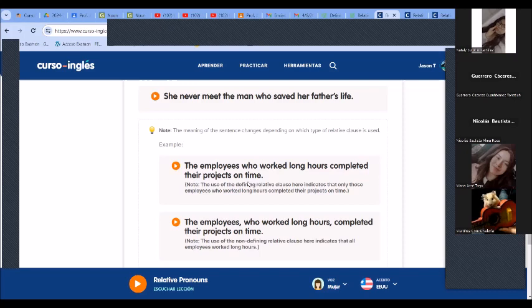Only those employees, the ones who worked extra hours. In the second sentence, the employees, who worked long hours, completed their projects on time. This is talking about all of the employees, and all of them worked long hours. That's the big difference between the defining and non-defining clause.